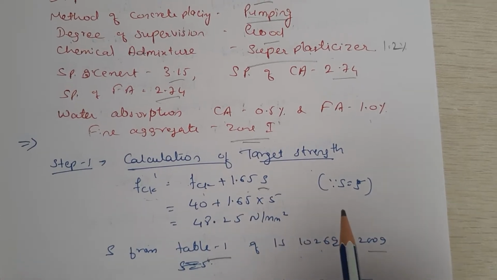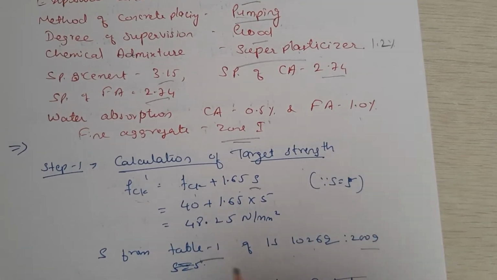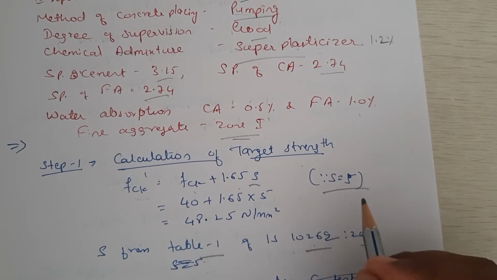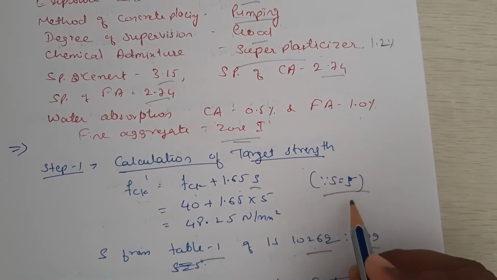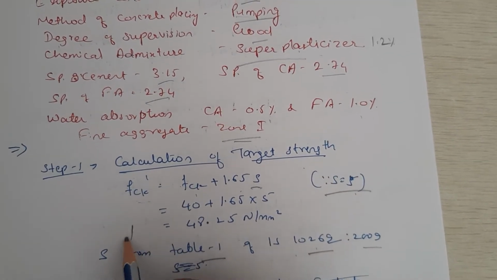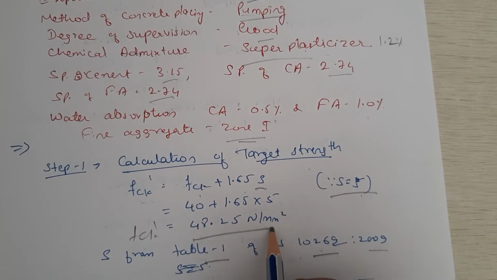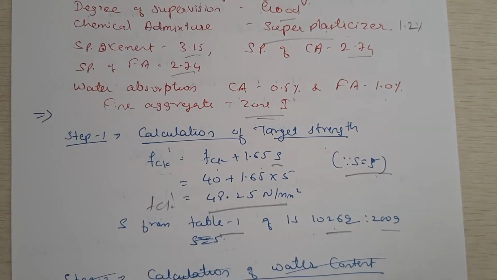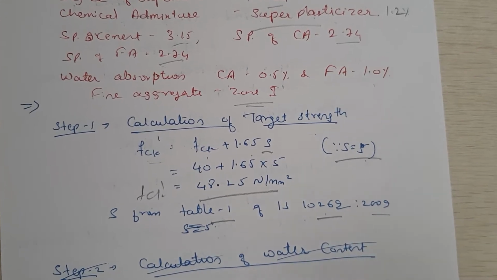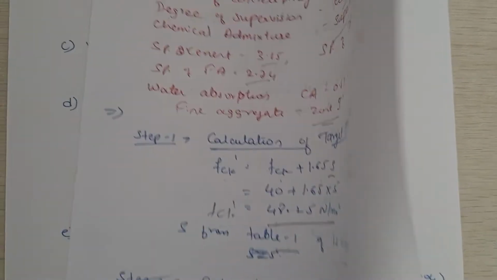It is taken from Table 1 of the IS code, which gives S as 5 for M40 grade. By adding this we have calculated f'ck as 48.25 Newton per mm square. So this is our calculation of the target strength.